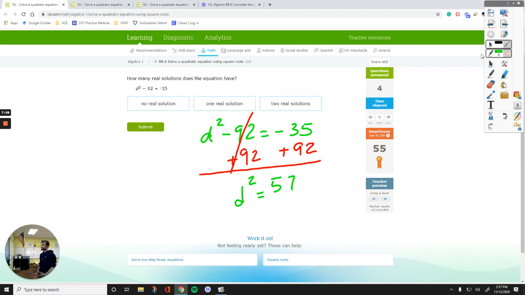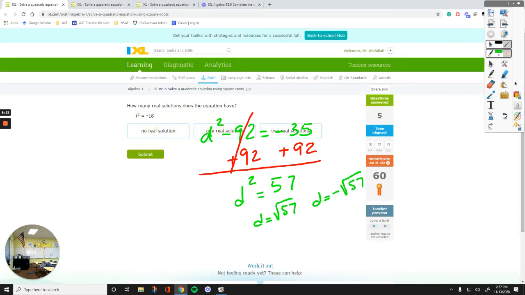So the answer to this is going to give me two real solutions. One is going to be positive, the other one is going to be negative. So I'll just pick it and then move on. And then the answer, by the way, is going to be D equals positive radical 57 and negative radical 57, just decimals.